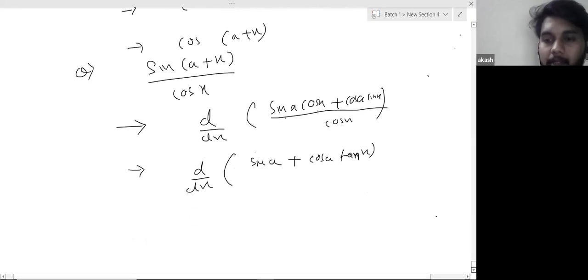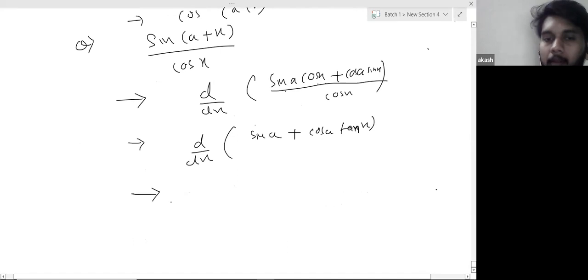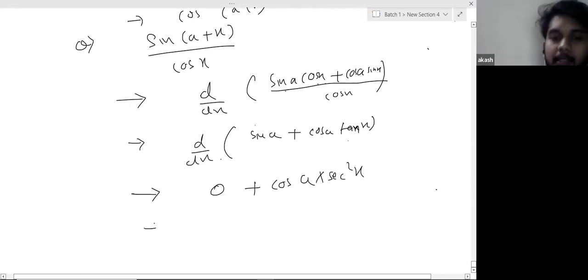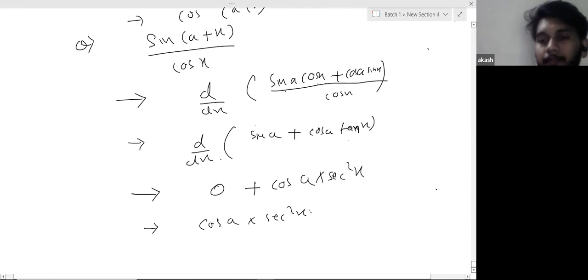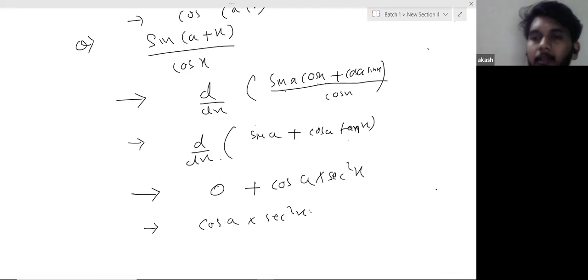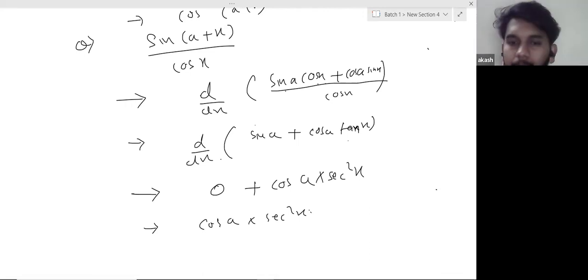Now breaking the differentiation, derivative of sin A, a constant, is 0, plus cos A, a constant, into derivative of tan x, which is sec square x. All right, so this is the answer, cos A into sec square x. All right, clear? Abdul, Arslan.